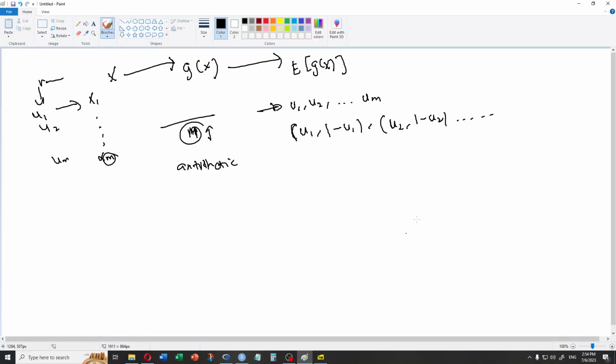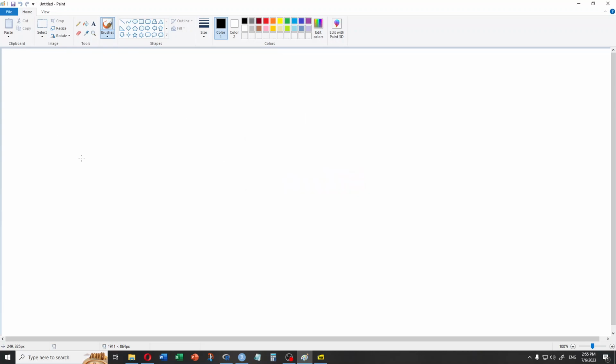What it means here is that if you look at the first pair, u1 and then 1 minus u1, you know that the relationship here is negative, and the relationship for all of these pairs is negative. So this is what we can manipulate.